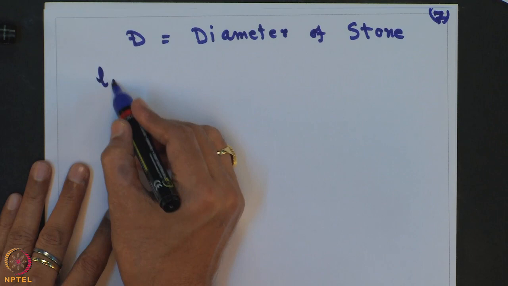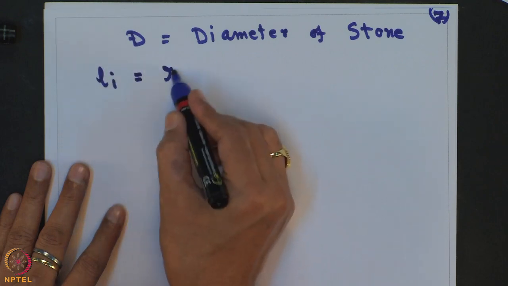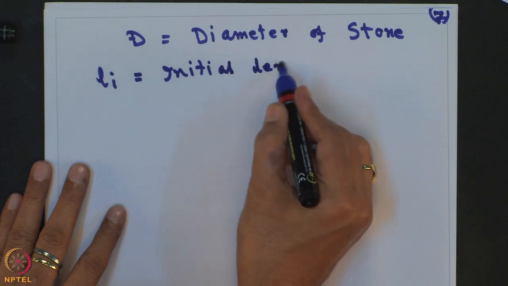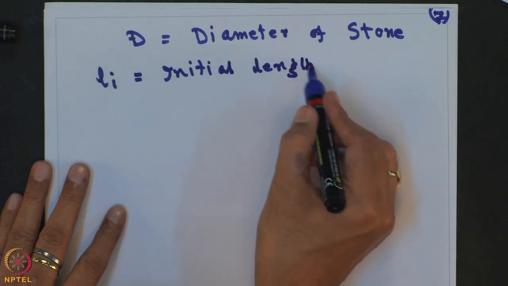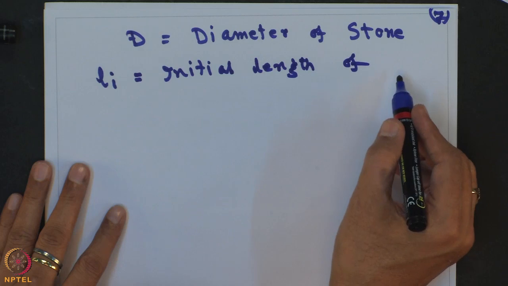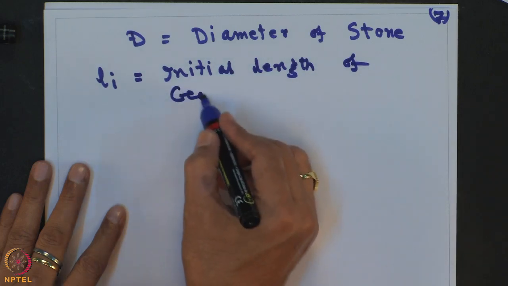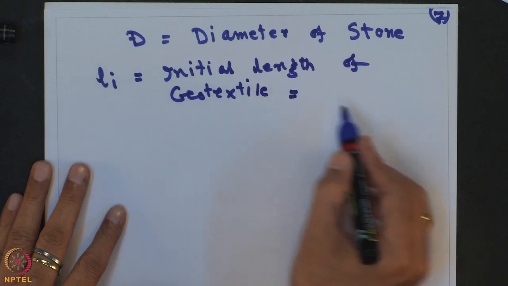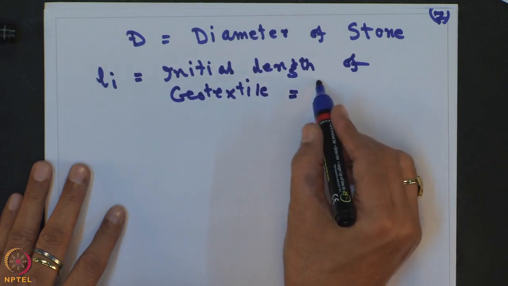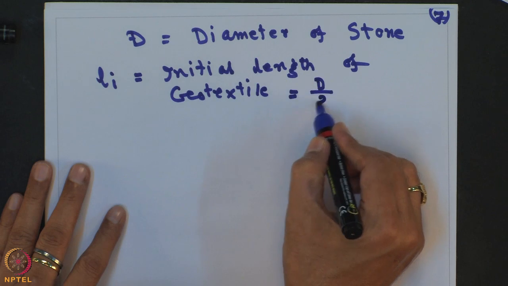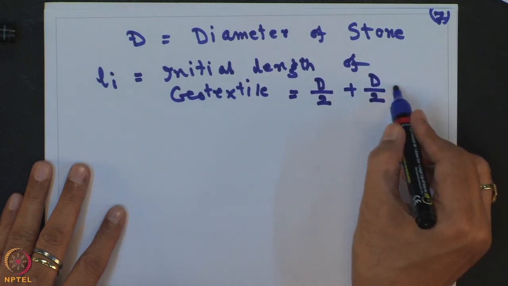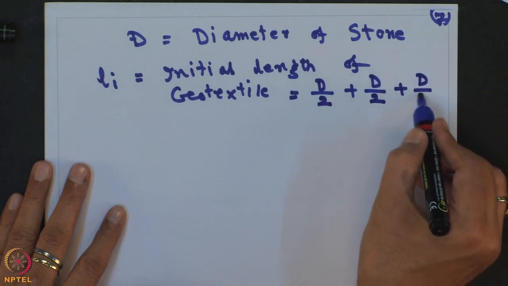So, the initial length of geotextile is equal to D by 2 plus D by 2 plus D by 2.